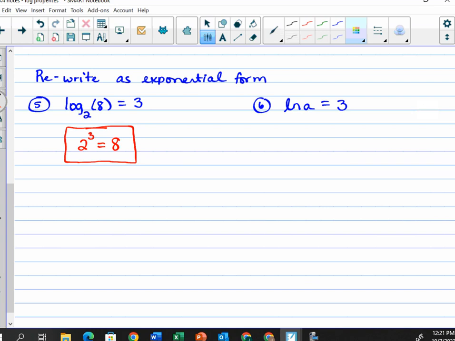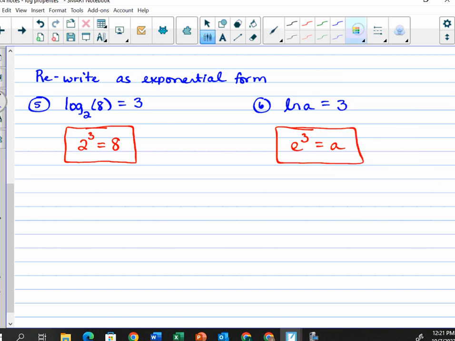You think you got it. So what is the base here? E. It's not written, but we know it's e. So this is e to the 3rd equals a. Okay with that? Base, exponent, what it equals. Just go through that process.